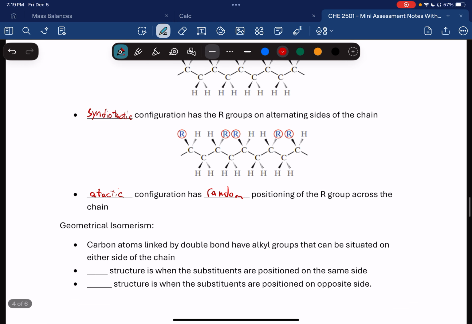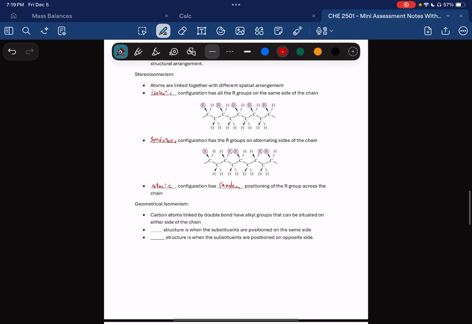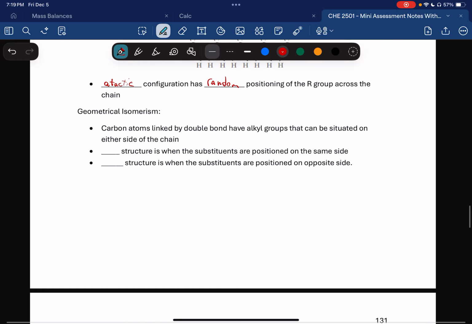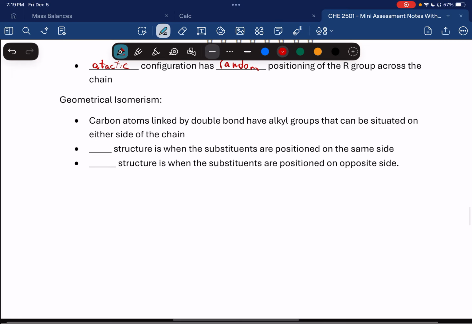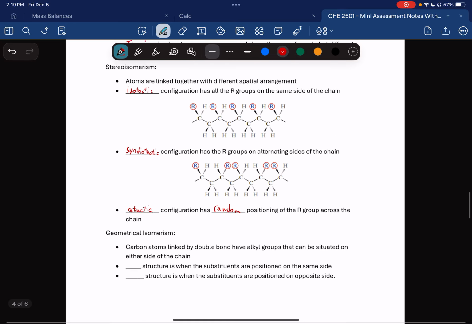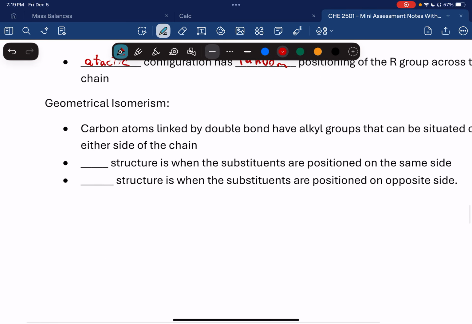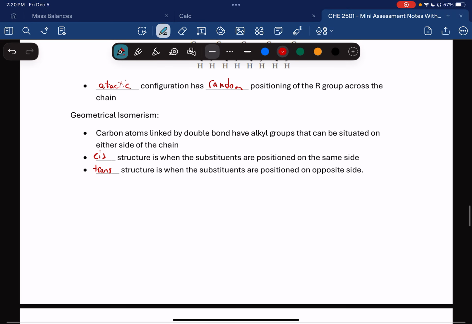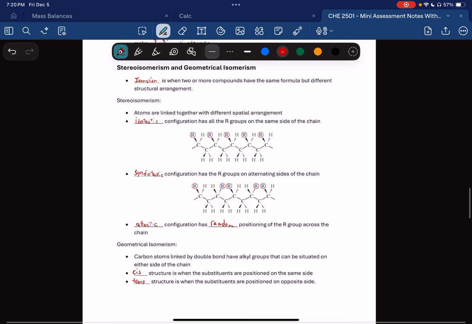Now down here for geometrical isomerism, which I mistook before for stereoisomerism, carbon atoms linked by a double bond have alkyl groups that can be situated on either side of the chain, just like up here, but there are double bonds involved now. So cis structure, like I said before, is when the substituents are on the same side. Trans is when the substituents are positioned on opposite sides. So we got that cleared up.